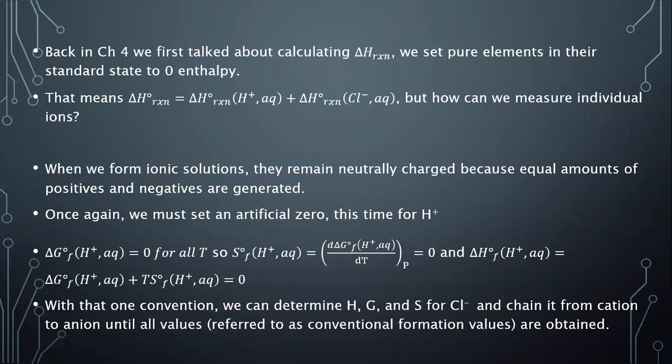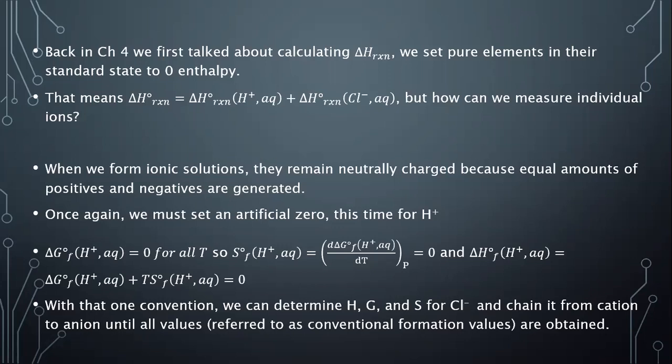But we do know that when we form an ionic solution, it's going to remain neutrally charged because there are equal amounts of positive and negative generated. So once again, we're going to do an artificial 0. We're going to say that H plus, the hydronium ion, is our 0, and we're going to use that as our ruler to measure everything off of.